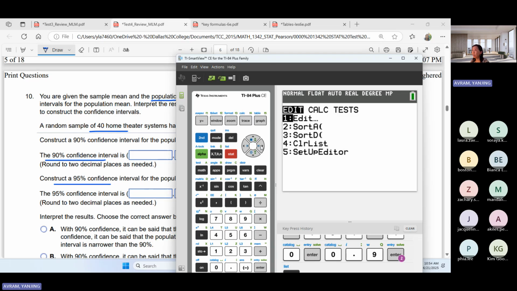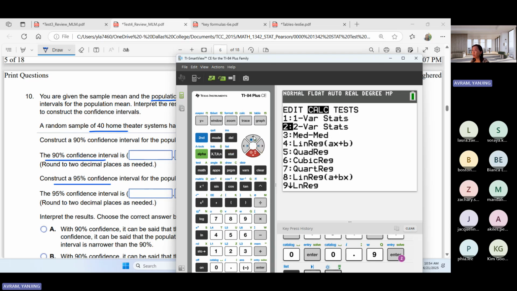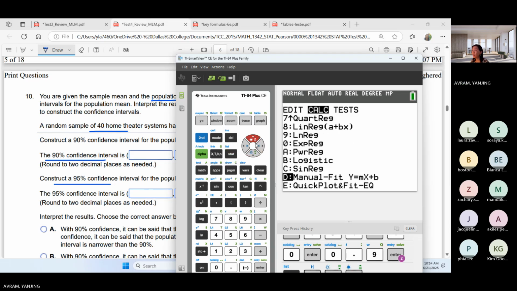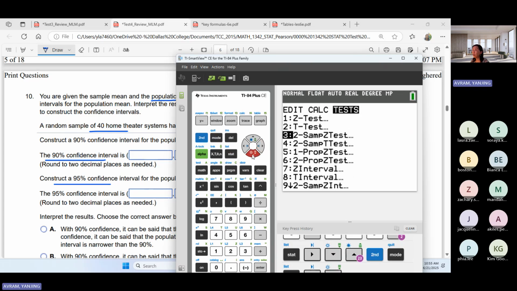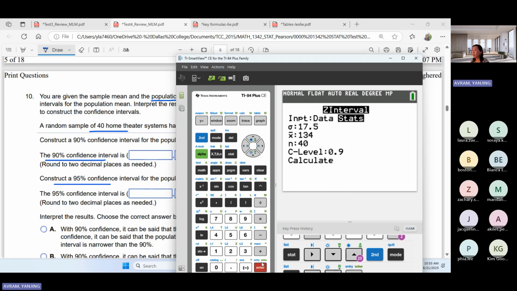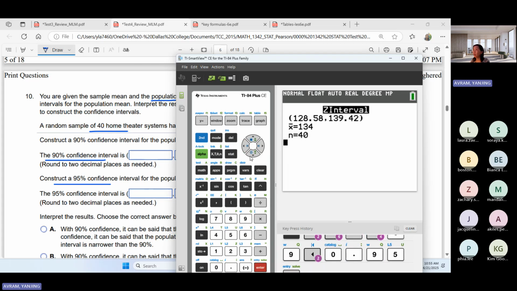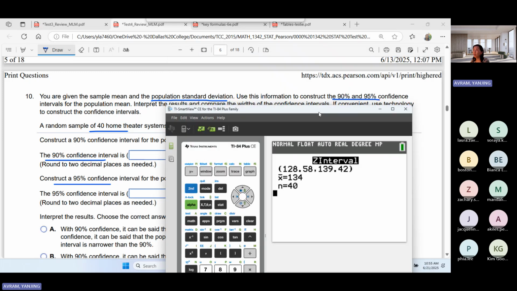Then we come back and do the same thing again. We go to the Z interval again. Everything else is the same. We just change the confidence level to 0.95, hit calculate, and this is our new interval, 128.58 to 139.47.